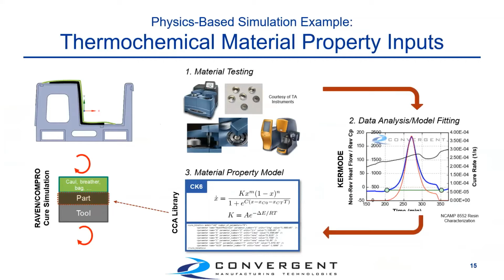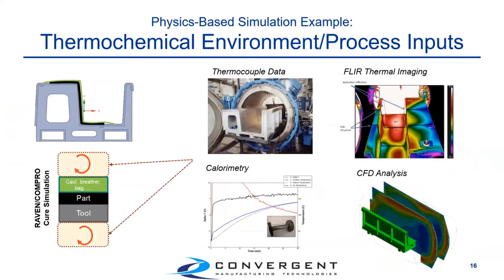In the case of the thermochemical analysis, cure kinetics, for example, is the key. And we provide material characterization as well, and the material models, or material constitutive models, or MCMs, are in the COMPRO common component architecture that's shared between COMPRO and Raven. And representation of the boundary condition is the other important feature.